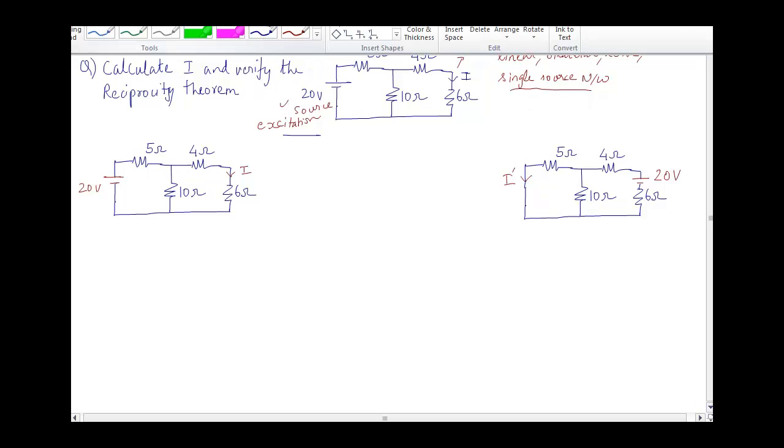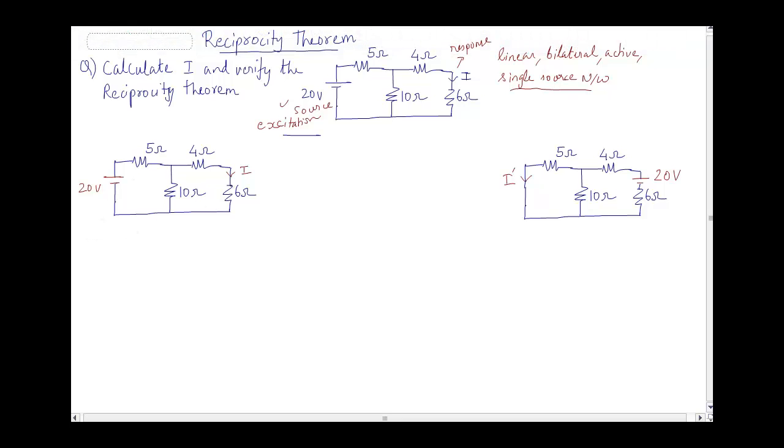So here I want to find out I. You can see that I will be because of this, let's name it as IA, and IA is basically 20 divided by 10 parallel with 6 plus 4 is 10, plus 5. 10 and 10 parallel will give me 5, so 20 divided by 5 plus 5, which is 10, so I will get IA is equal to 2 amps.